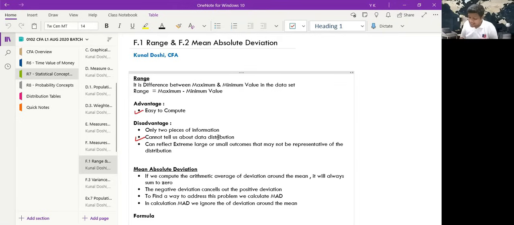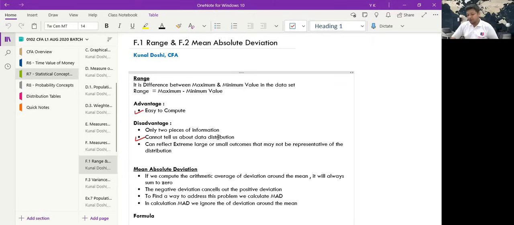Because if there are extreme large or small outcomes, and these extreme numbers, large or small, are also called outliers. We'll see that again in the future also. So when there are extreme numbers, then the range may not be a correct picture. It may give us a very wrong picture about the data.